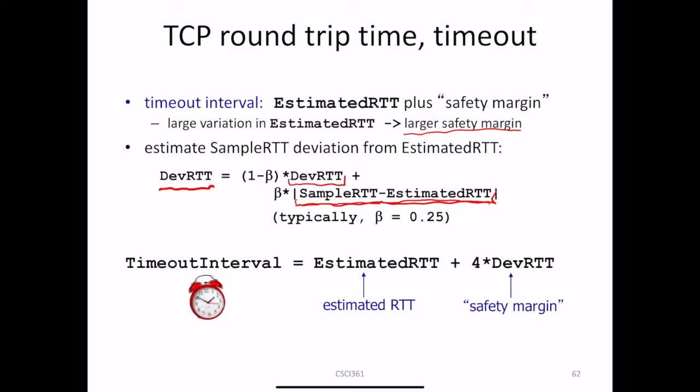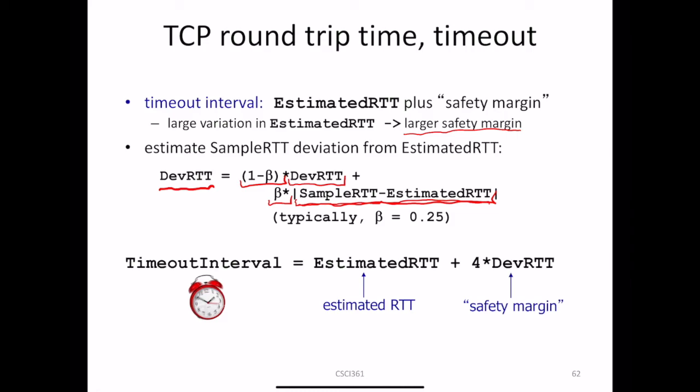Still, we give a different weight to each term. For the previous estimated deviation round trip time, we give 1 minus beta, and for the current deviation round trip time, we give beta. Typically, beta is 0.25.